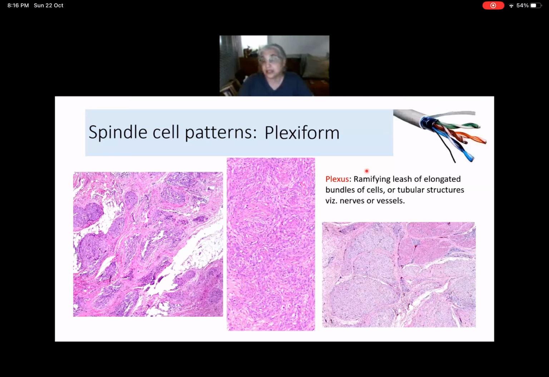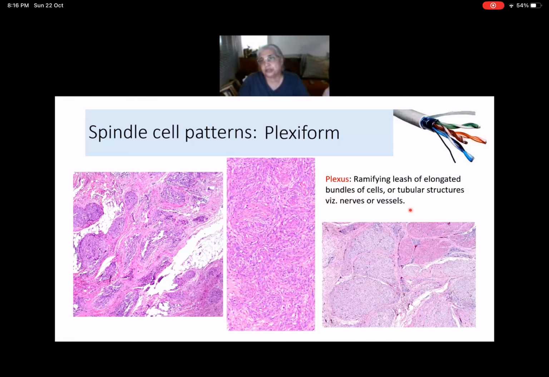When the nerve fibers are coming out of the foramina, etc., it's a ramifying leash of elongated bundles of cells, or maybe even tubular structures. If you've got lots of tubes that are together and twisted over each other, even vessels are tubes.